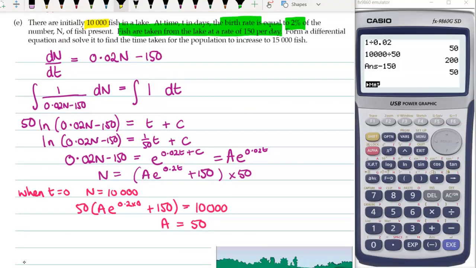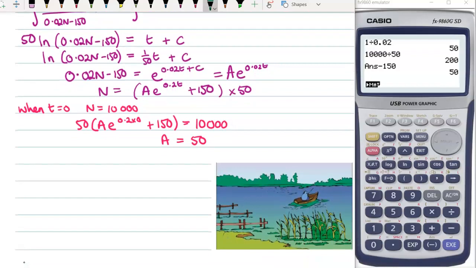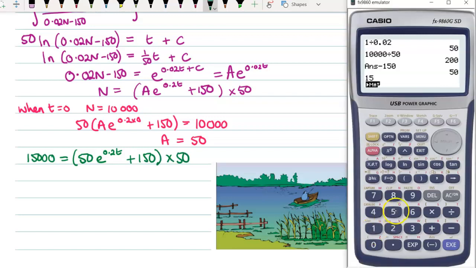Our last thing is to work out the time taken for the population to get to 15,000. Okay, so we want 15,000 as our population. We have A is 50, e to the 0.02t, t is the thing that we're working out. Okay, so let's do 15,000 divided by 50.